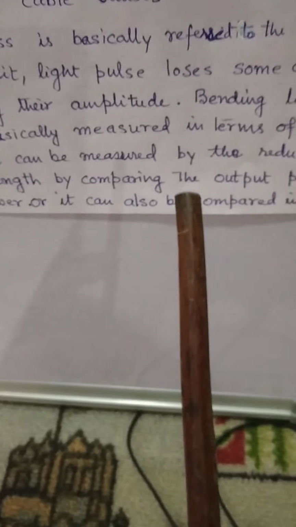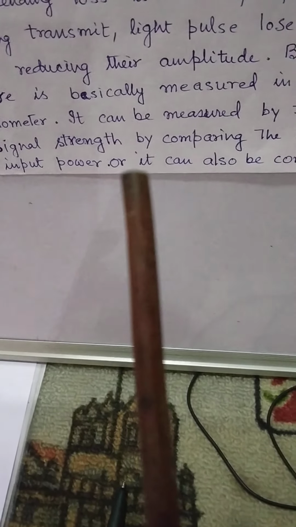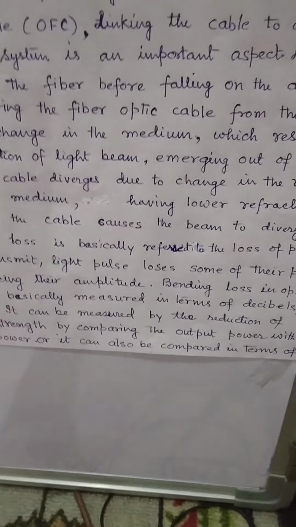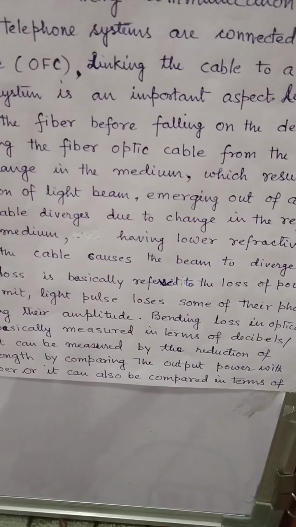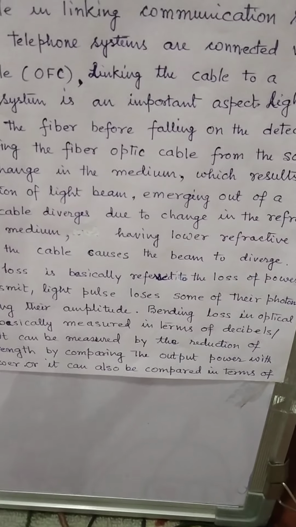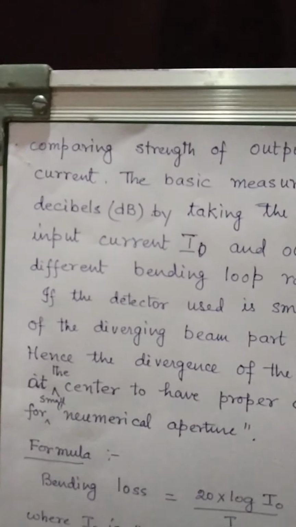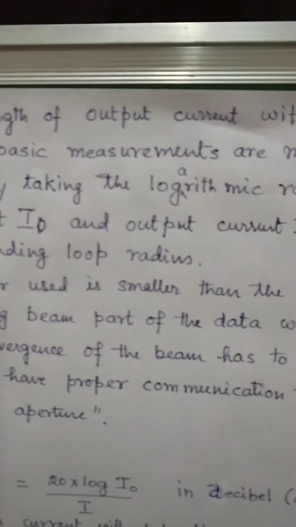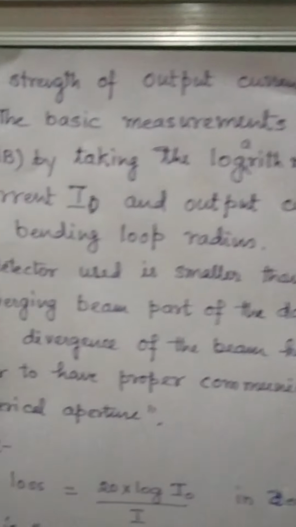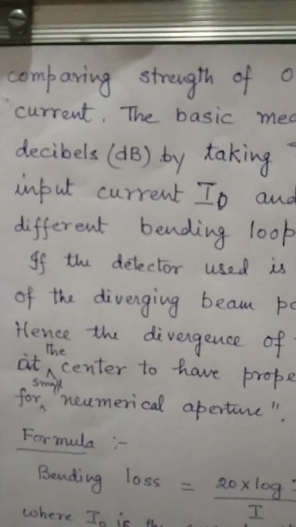It can be measured by the radiation of the signal strength by comparing the output power with input power, or by comparing the strength of the output current with input current.